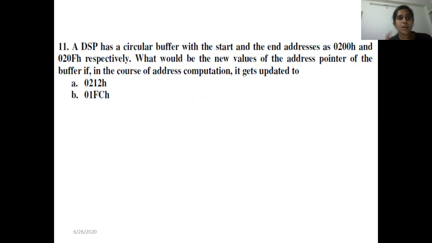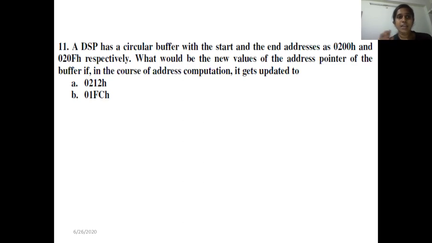And coming to this problem, this is a question. Please keep it in mind and make a note of it so that you can solve it yourself by pausing this video. Once you have completed your solution, you can check the solution here itself. A DSP has a circular buffer with a start and end address.